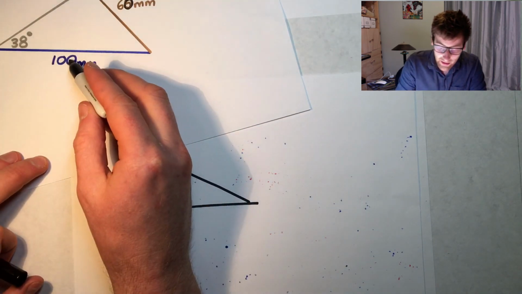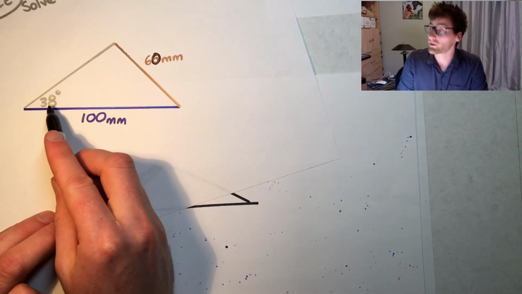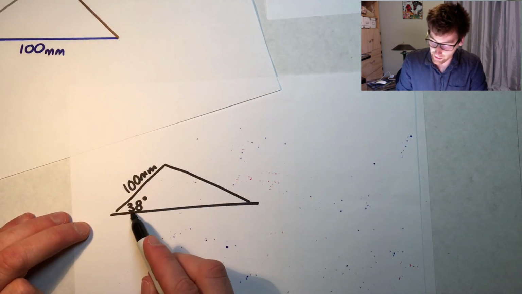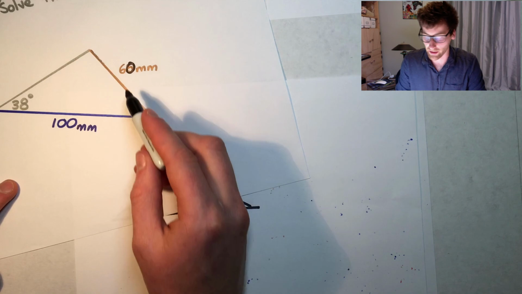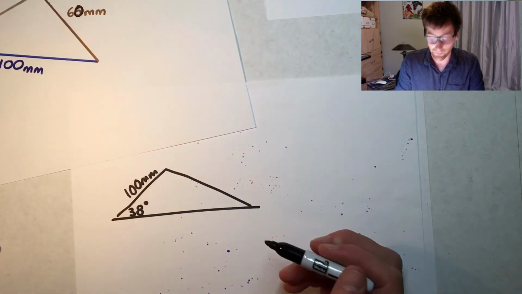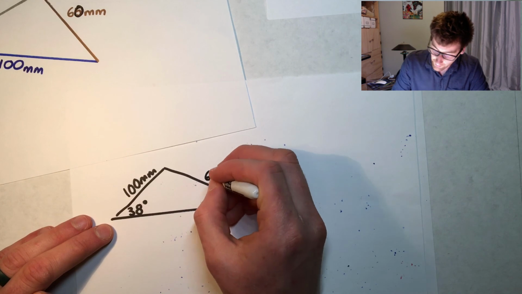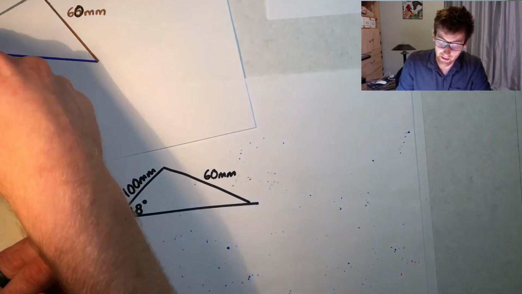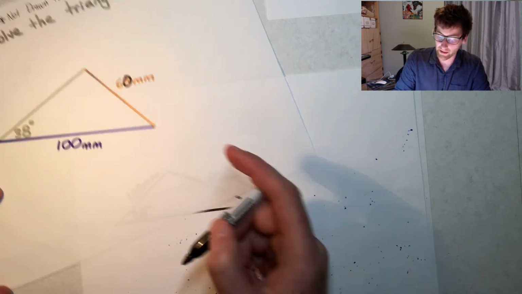So 100 in the first example was beside the 38. Here it's still beside the 38, so I haven't changed it. This 60 is across from the angle and beside this side, so I have to put it here. So now it's still angle, side, side.